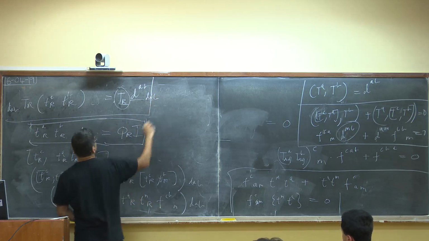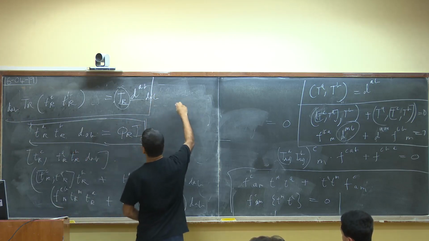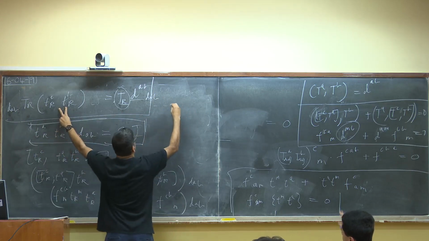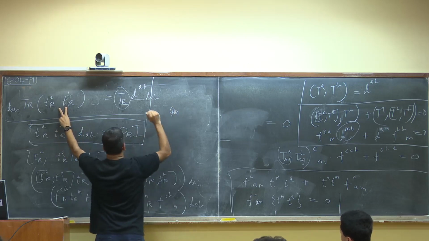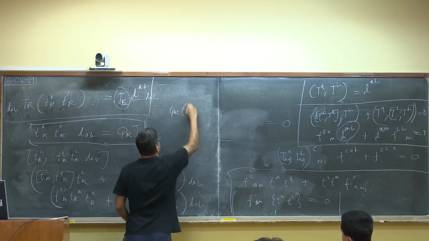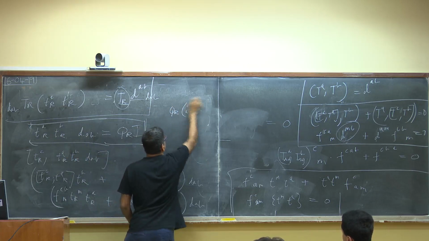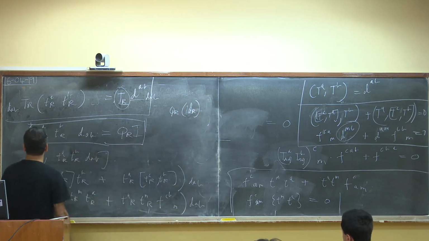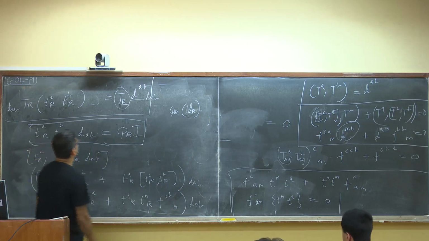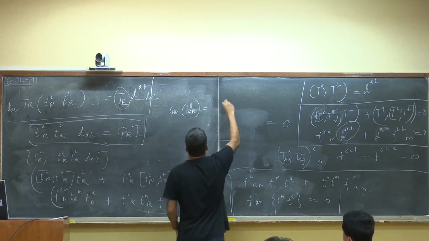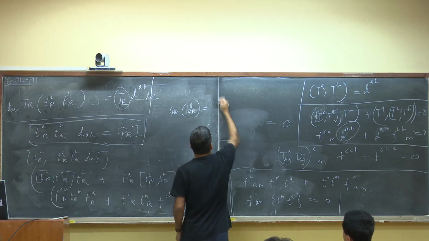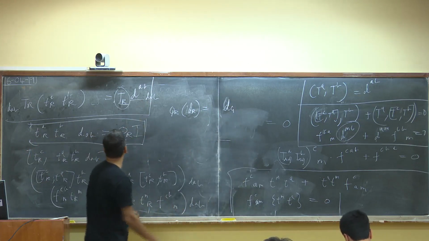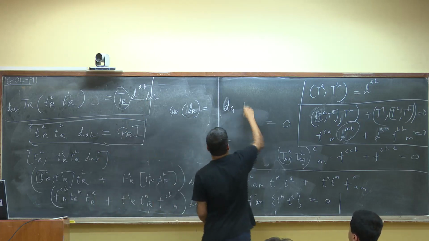As Indranil says, what we get is that the left hand side is QR times the dimension of the representation, which we call DR. QR times DR is equal to TR times D_G, the dimension of the group.